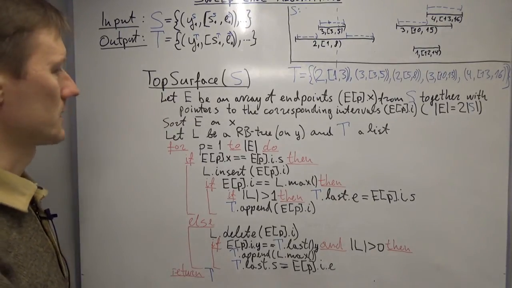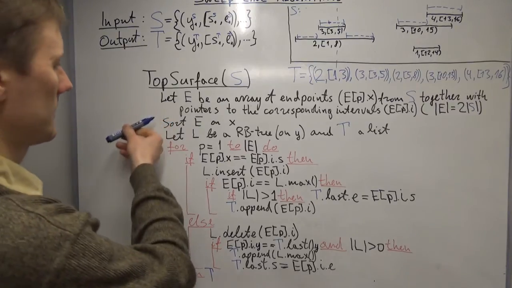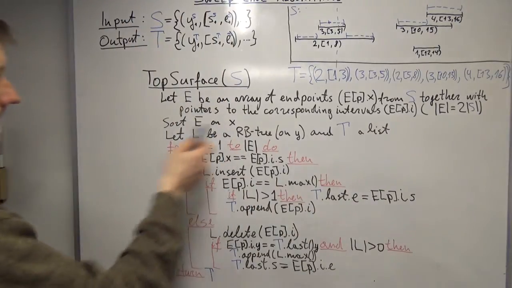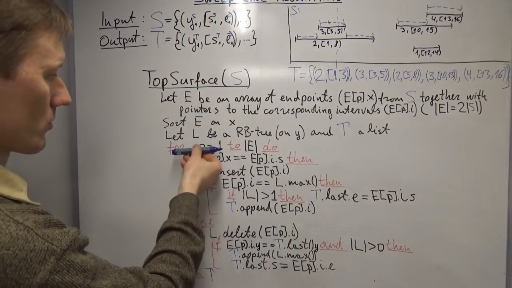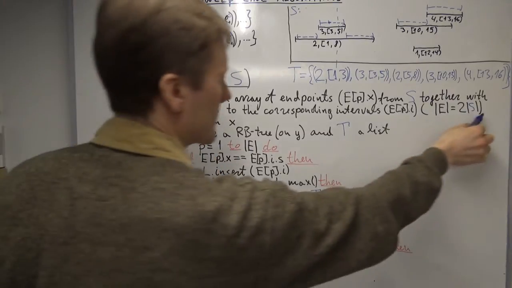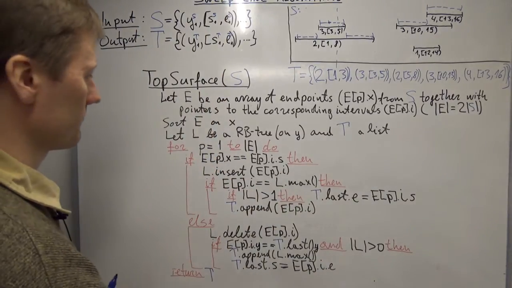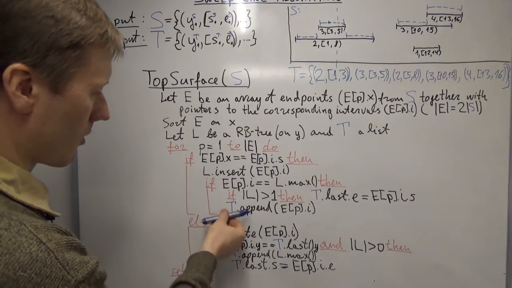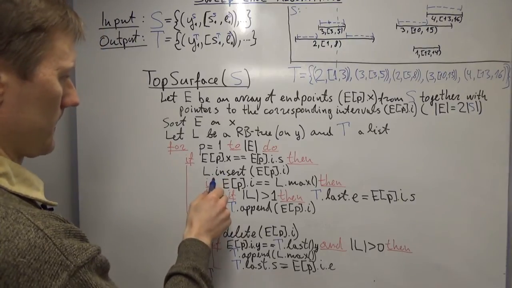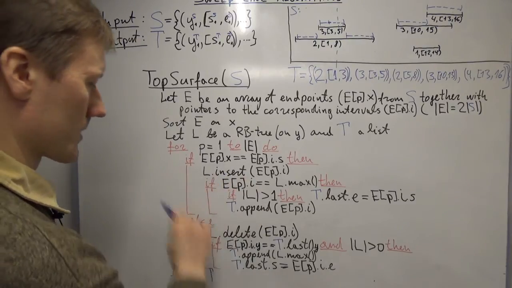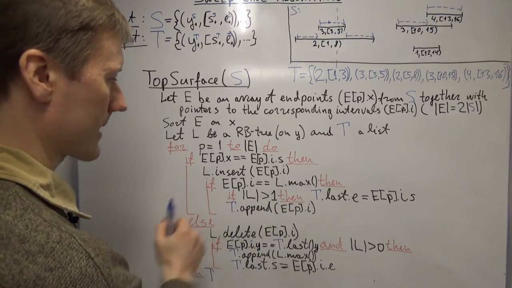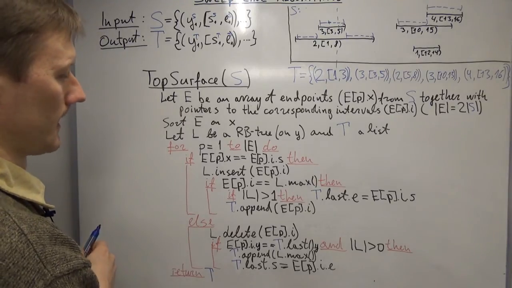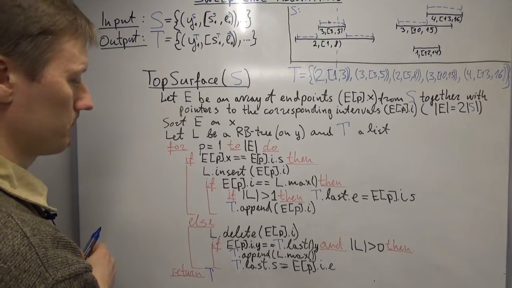So what is the running time of this algorithm? We can see that here we do sorting on the array of size 2s, and then we process 2s events, and processing each of these events, we do some constant number of insert, delete, find maximum operations in the red-black tree, all of which take logarithmic time.